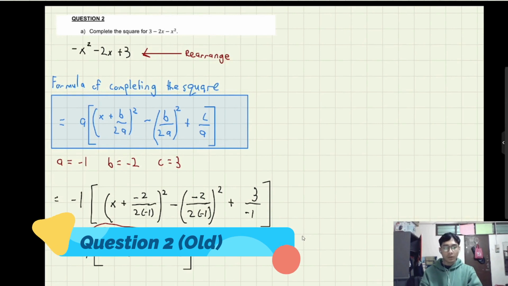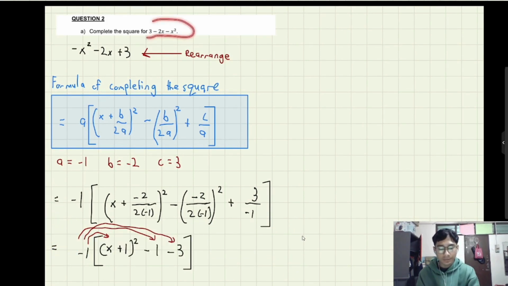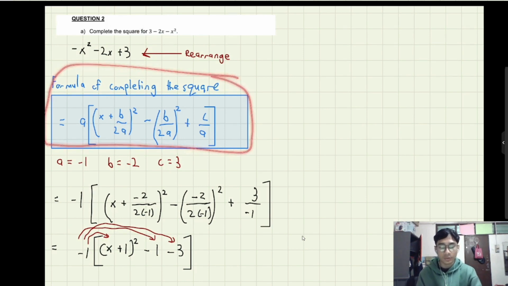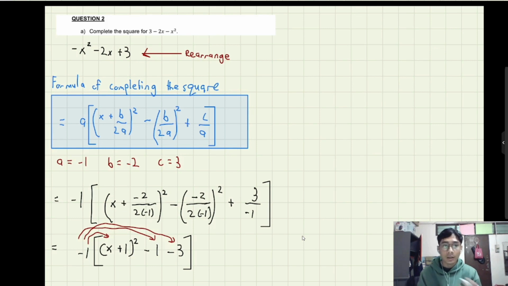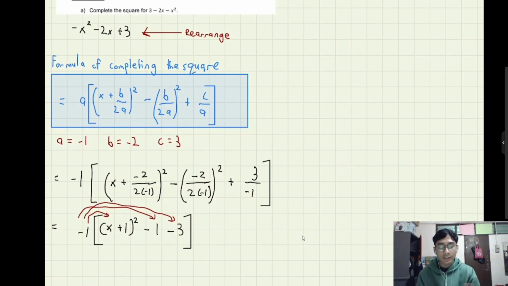Question 2a. Complete the square for this equation. To solve this problem, we must use the formula of completing the square. First, we must rearrange the equation into this form, so that it is easy for us to identify the A, B, and C values.